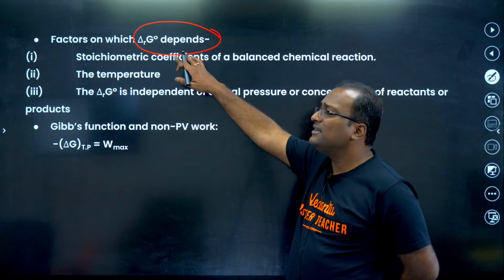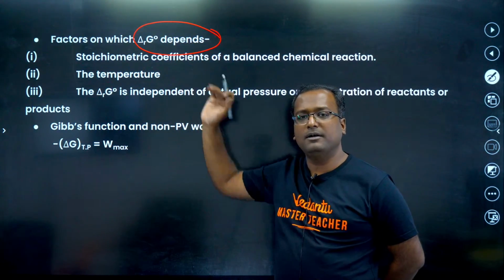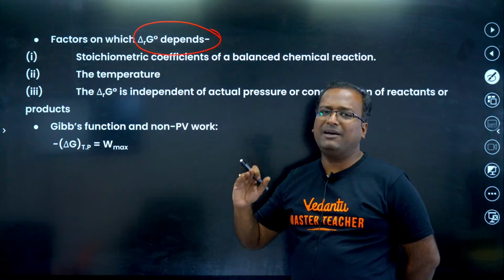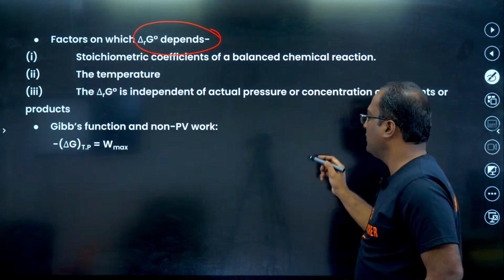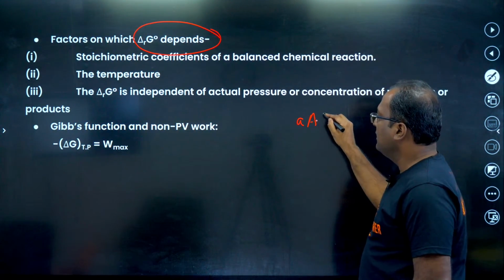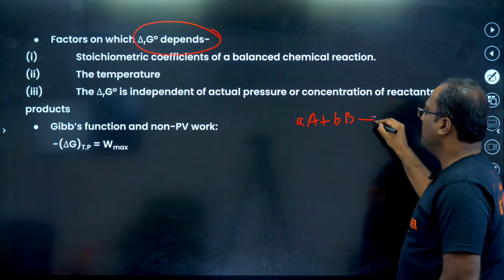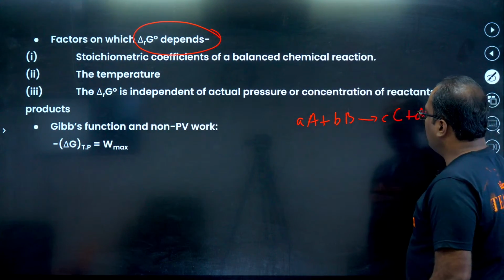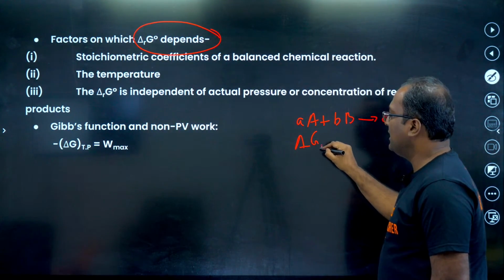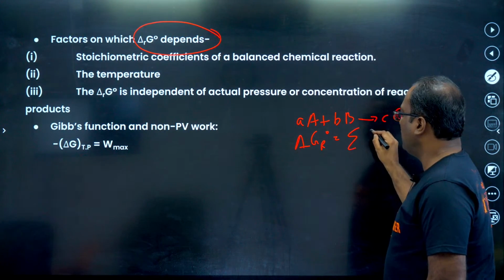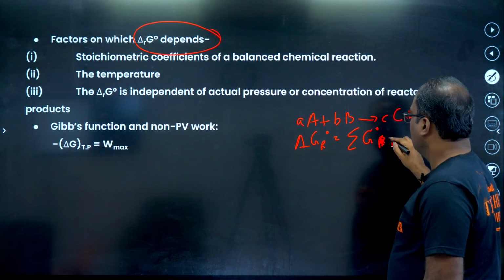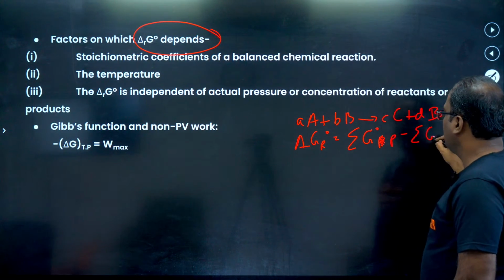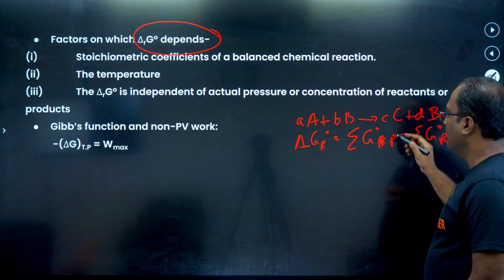But what does delta G naught actually depend on? If I have a reaction taking place, then delta R G naught depends on exactly what? So suppose you have a reaction aA plus bB giving cC plus dD, then we can say that del G R naught is equal to sum of G naught of products minus sum of G naught of reactants.